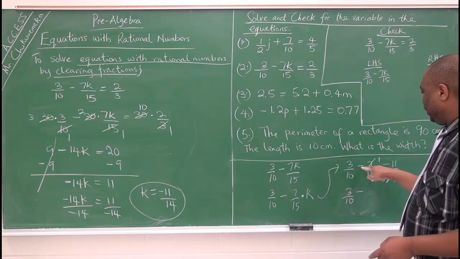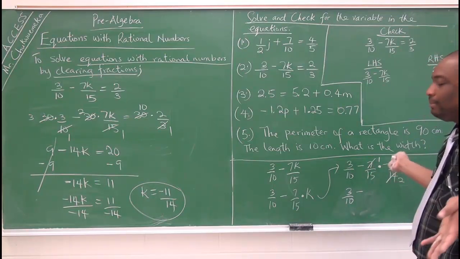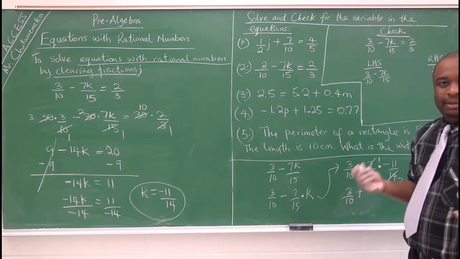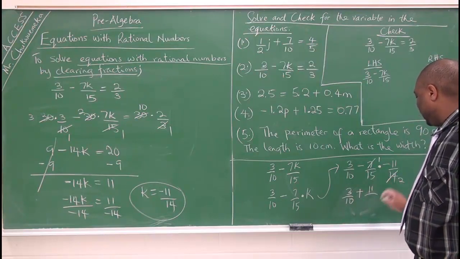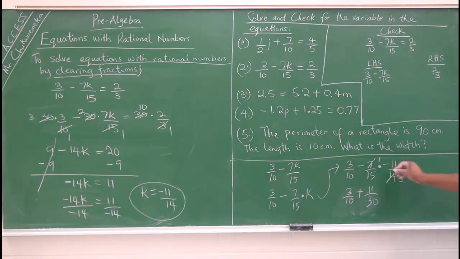So, you can now say minus 1 over 15 times minus 11 over 2. That gives you a plus. Minus times minus is plus. 1 times 11 is 11 over 15 times 2 is 30. Be careful as you're doing this.